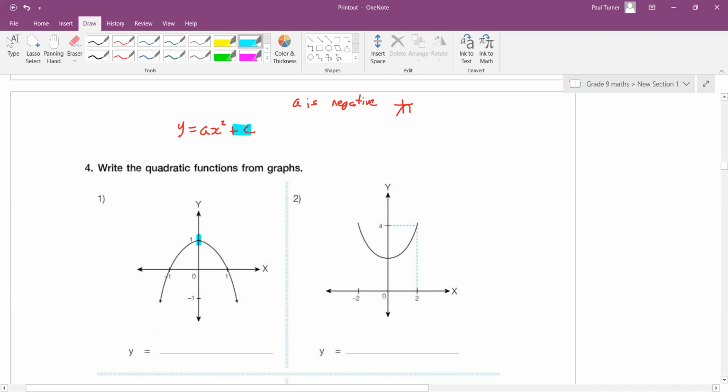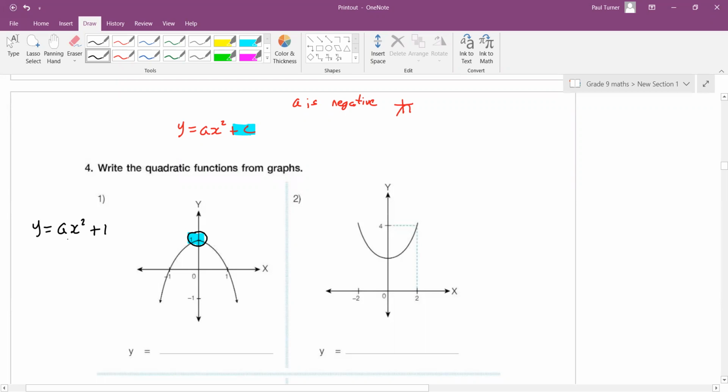So we know this value actually is going to be 1, this number here. So what we can do, we could already write y equals ax squared plus 1. It would be this number here. This one doesn't have it, so we got to think what we're going to do here. So this is 1. So we can write that already. We know this value will be 1. Okay, because we're just following what we did in the previous section.